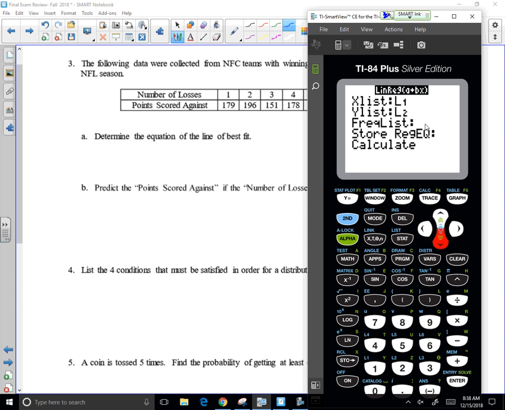Store reg EQ. Store regression equation. We're going to hit alpha, then trace, then y1. Because you're going to store that equation in as y1. Vars, Y-vars, function, y1. Yeah, it takes you a couple more keystrokes, but you get to the same place. That's all that matters in the end.